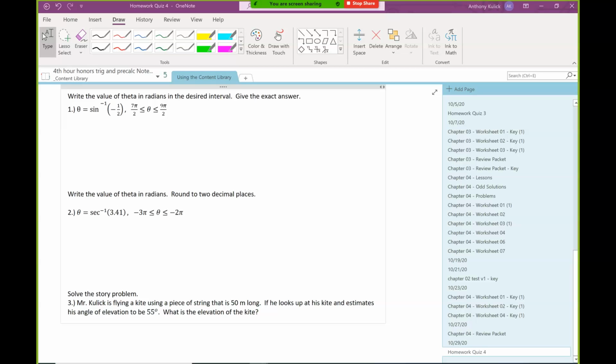So when you finish, you're going to turn this into PowerSchool. You'll find the assignment there active today for our calendar, titled Homework Quiz 4. If you have questions on anything, feel free to come and talk to me. Everybody cool with the plan?